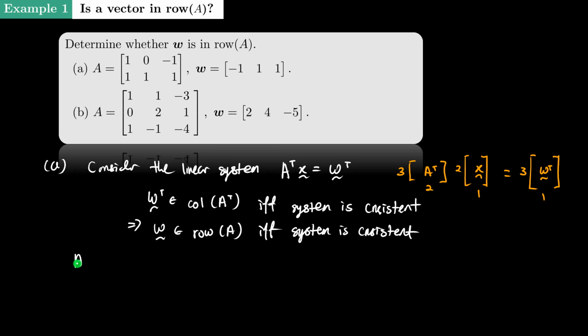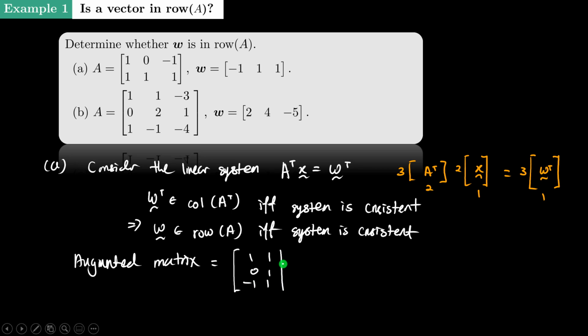So in this case, we set up our augmented matrix. This is part A. First, we have A transpose, which is 1, 1, 0, 1, minus 1, 1, augmented by W transpose, minus 1, 1, 1.